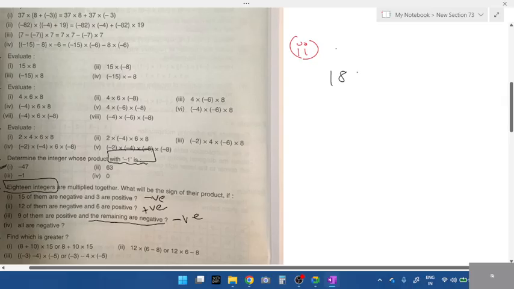18 is odd or even? Even, right? So tell me what is odd and even, Alicia. What is odd and even? Odd numbers, even numbers. What do you mean by odd number and even number?